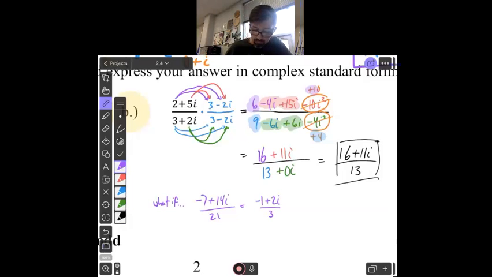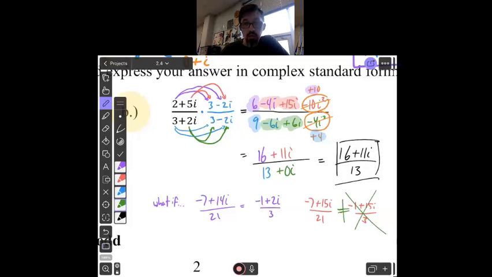What if it's negative 7 plus 15i over 21? Ooh, negative 7 and 21, they both have a 7 in them, so that should be equal to negative 1 plus 15i over 3. No, please don't.